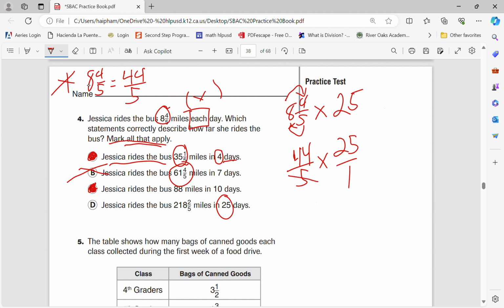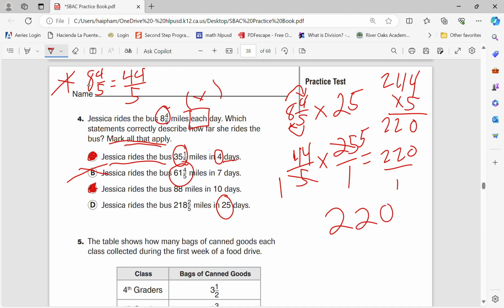And here we can cross cancel. 5 divided by 5 is 1. 25 divided by 5 will be 5. Let's go ahead and multiply 44 by 5. 4 times 5 is 20. 4 times 5 is 20 plus 2 is going to give me 22 over 1, which is going to be 220, which does not match the 218 and 2/5.